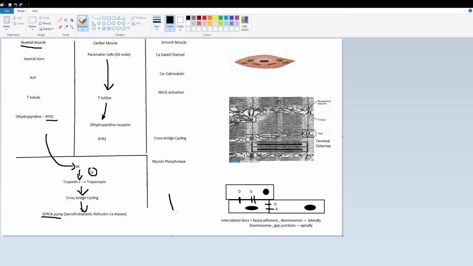So here we have our T-tubule and our dihydropyridine receptor, and this dihydropyridine receptor in our cardiac muscle acts as a calcium channel. So it's going to act as an L-type calcium channel and let calcium from the outside enter in the cell.